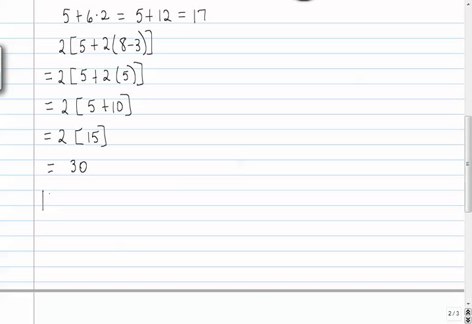Okay, the next example, the absolute value of 6 minus 2 plus 3 all over 8 plus 2 times 5.